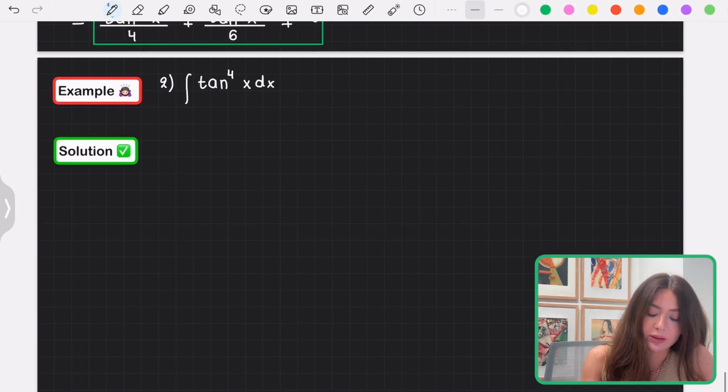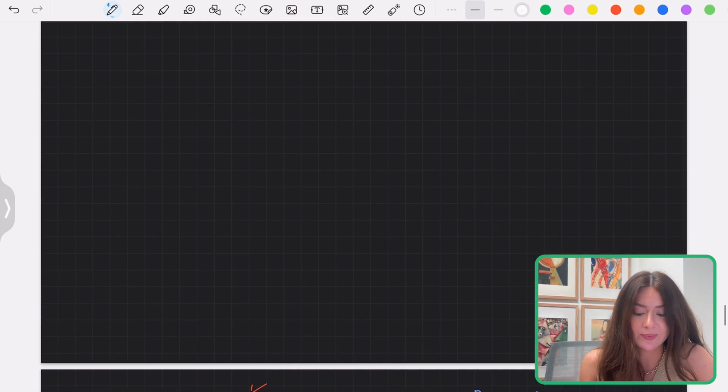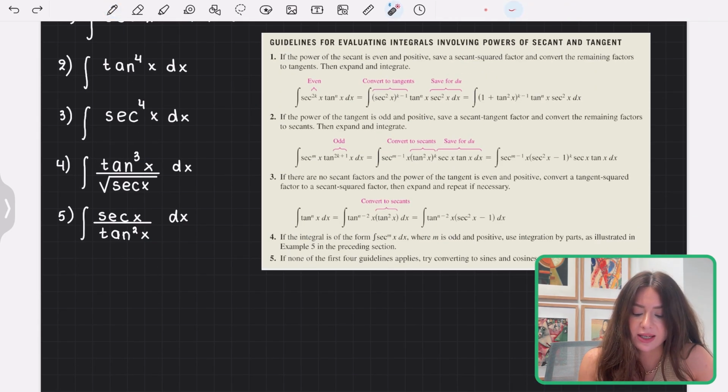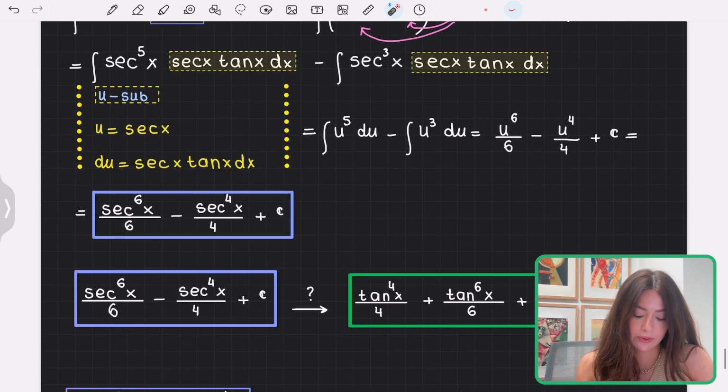Okay, now solving the second problem, let's see which rule we're going to use. Okay, if tangent does not have its buddy secant and it's raised to an even power, then do this. Convert it to secants, and maybe you'll have to do it twice, it said. Okay, so let's do that.